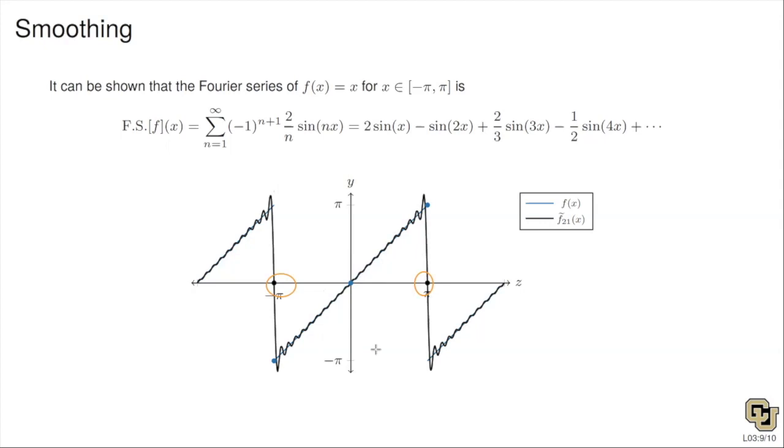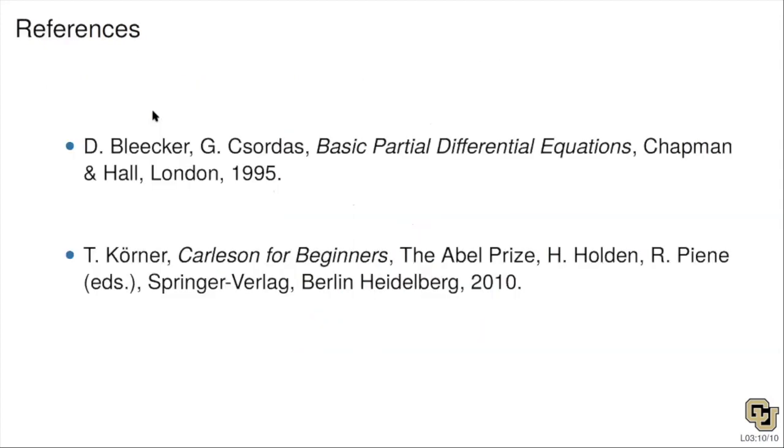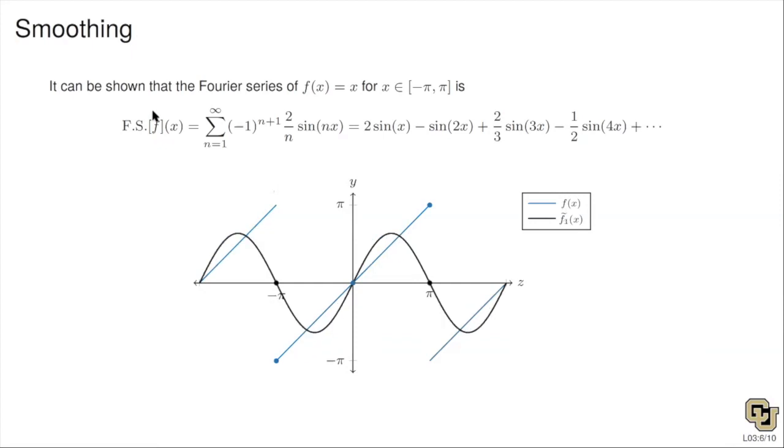In theory, when we send n to infinity, this is the hard part to understand, the Fourier series will converge to the original function f of x that's not necessarily continuous everywhere. That's the hard part.